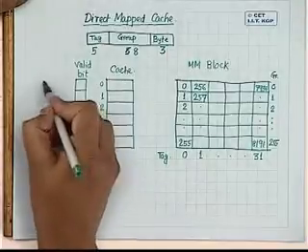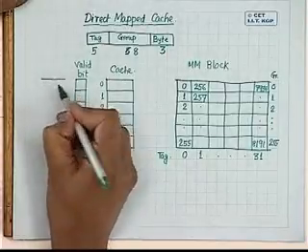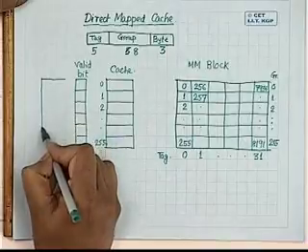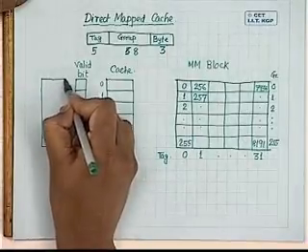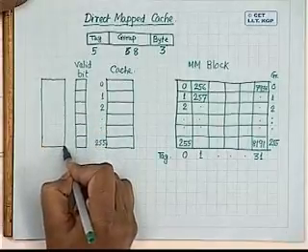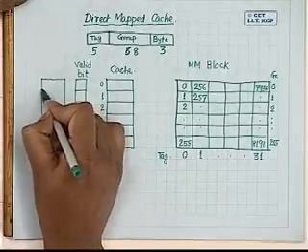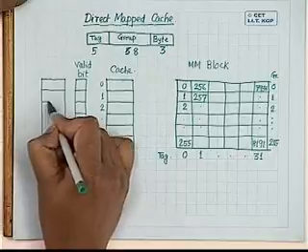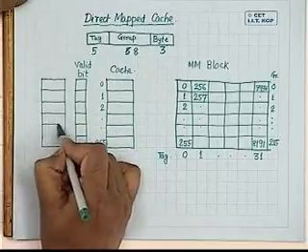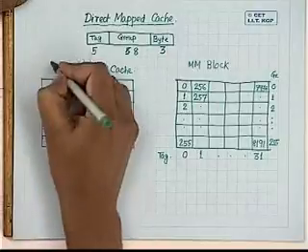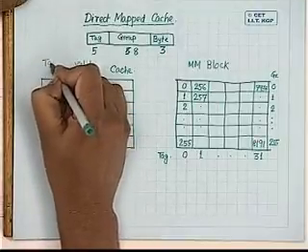Okay. And then finally, I'll have the tag memory. For every cache line, I have one tag memory. So you find that unlike in the earlier case, where every tag memory will have to have 13 bits, now every tag memory will have 5 bits. So this is tag memory.